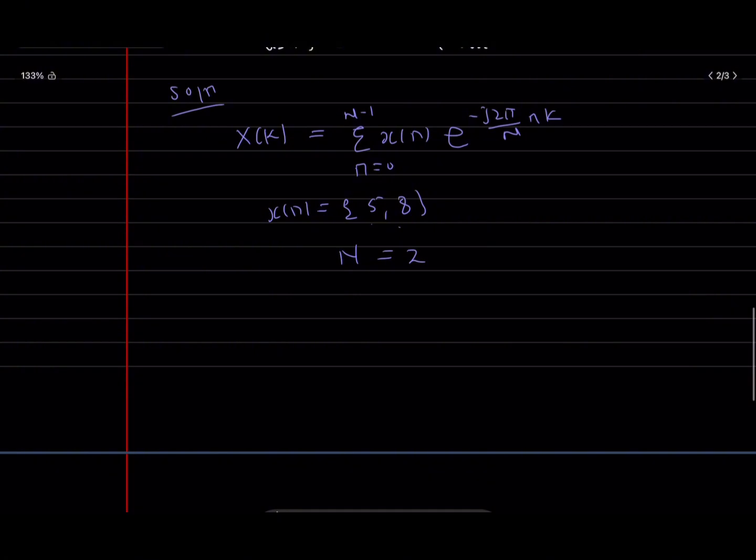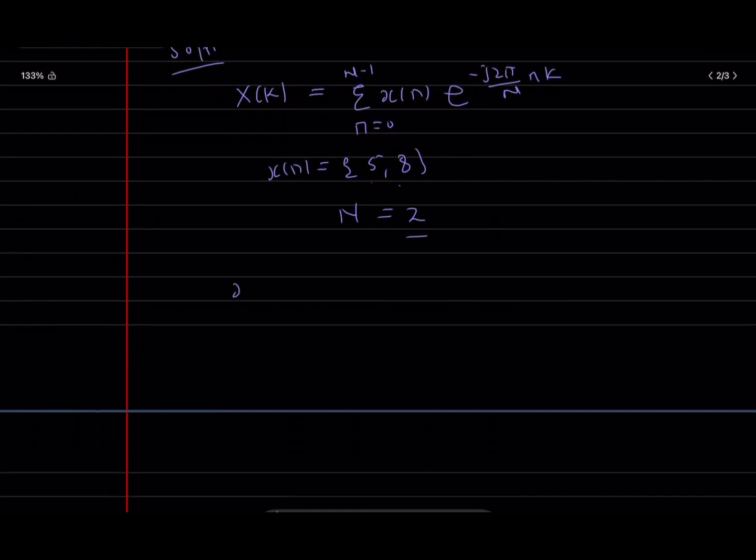And looking at the fact that N is equal to 2, we can rewrite the formula as X of k equal to the summation of n equal to 0 to 2 minus 1 of x of n, exponent negative j 2 pi over 2 nk.